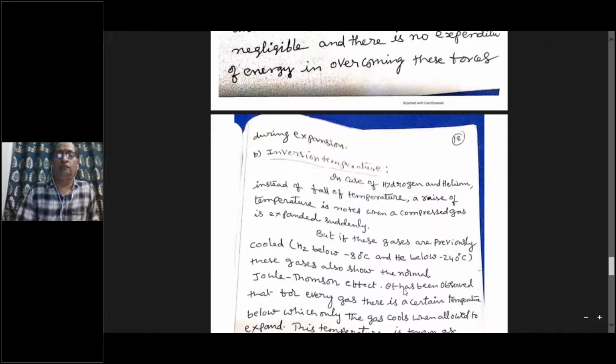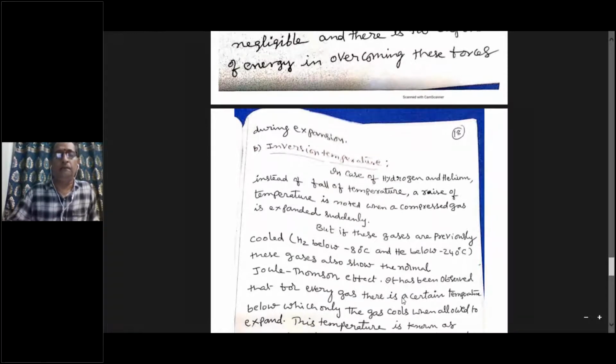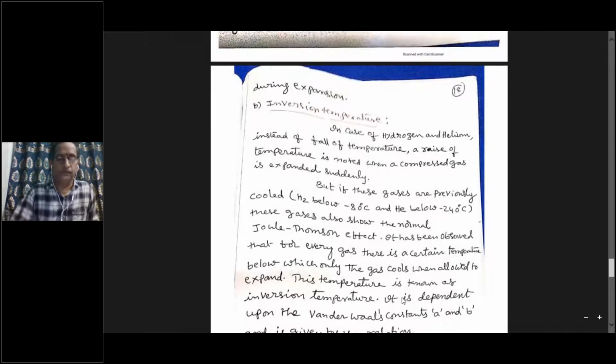So it has been observed that for every gas, only below the inversion temperature we get cooling effect. Since these two gases have very low inversion temperatures, we get heating effect during Joule-Thomson expansion.